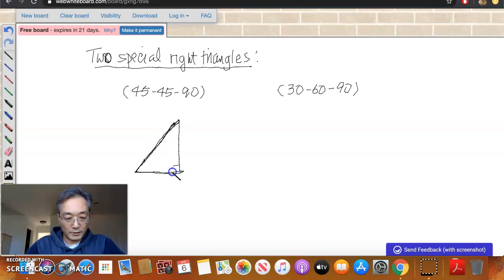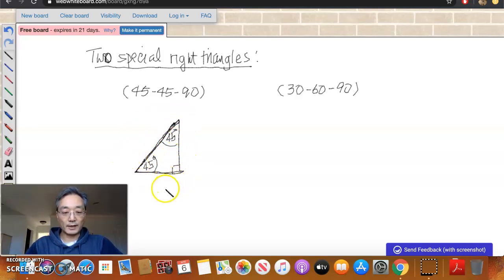So here is a right triangle, and we're going to say that in this right triangle, we have two acute angles that are both 45 degrees, like that. Okay, so that's why we call this the 45, 45, 90 right triangle, because there's two 45-degree angles and then the right angle, which is 90.